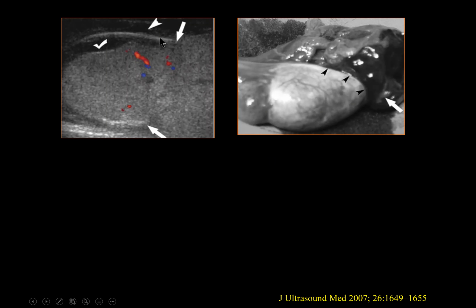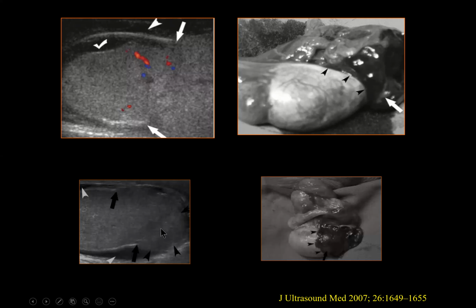Here above, we can see the hematocele, and here below the capsule, we can see a subcapsular hematoma. No flow signal is seen in the area of the extruding isoechoic lesion. And in this image, the surgery confirms testicular rupture with extrusion of testicular content covered by an area of hematoma.